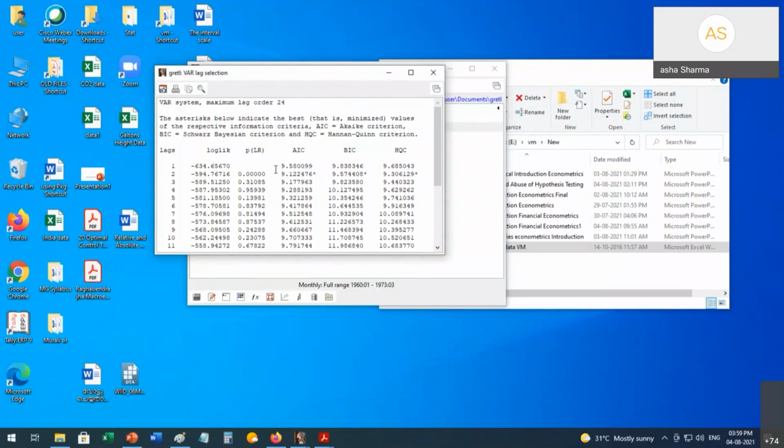So this is the minimum one. Minimum information criteria, and that is for lag 2. So lag 2 is the optimum lag. Got the idea? So we select this optimum lag, and this lag we will include in other cases. So I am removing this one.